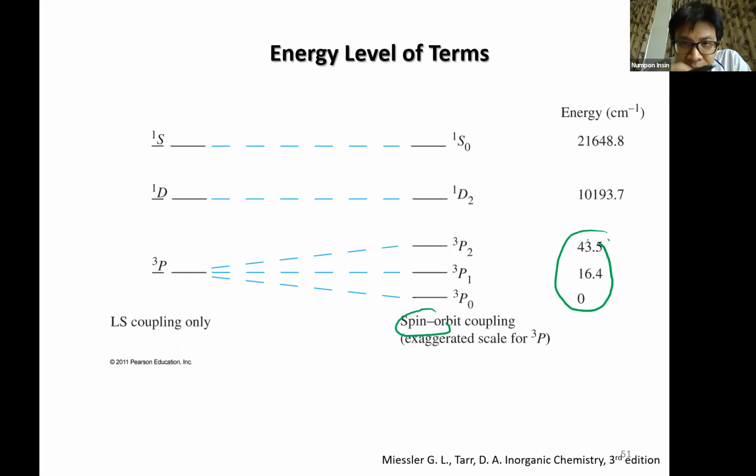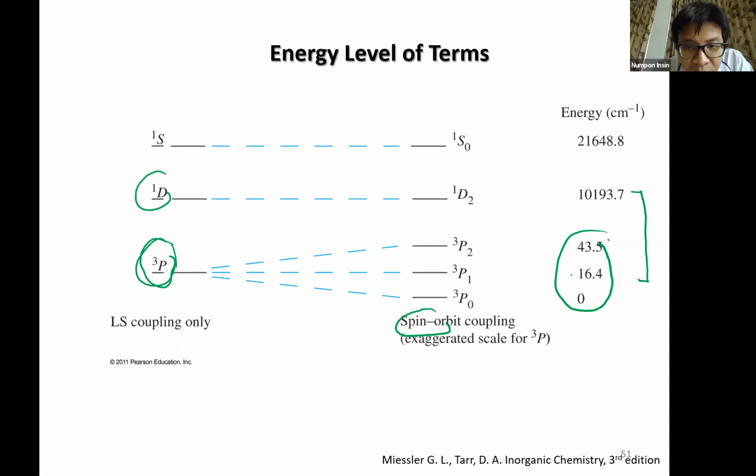So these are the electrons in different states. Triplet P, singlet D: how much different are they? They differ by this kind of wave number, so they're quite far apart. When you consider multiplicity and L value, they are clearly different.